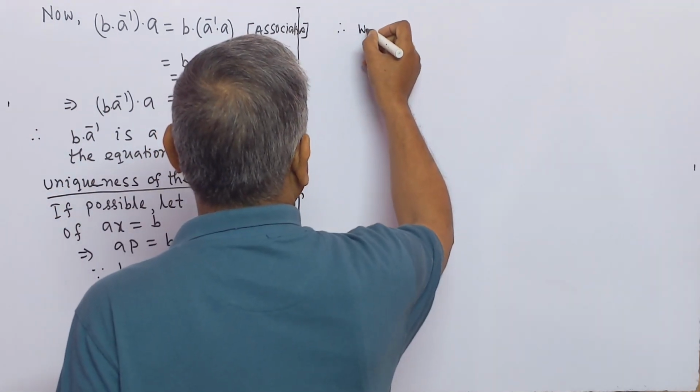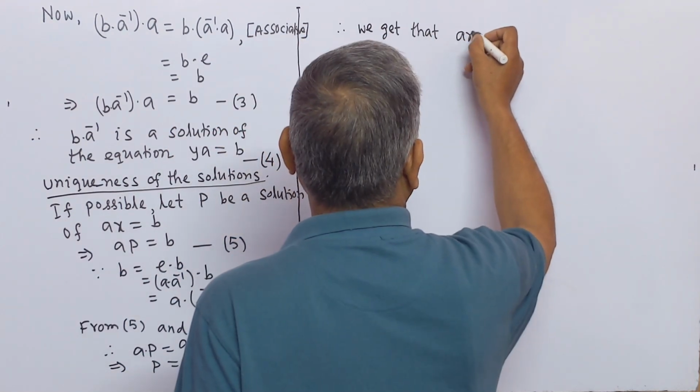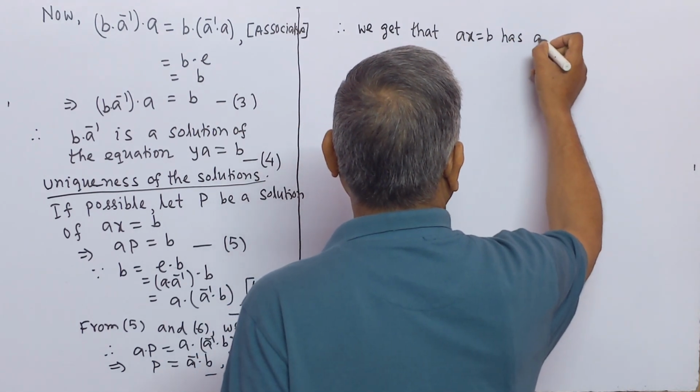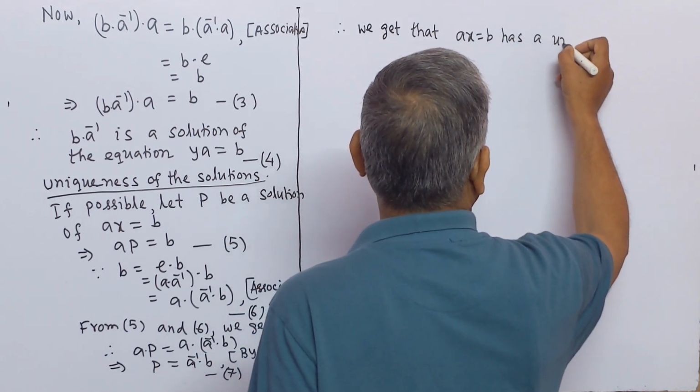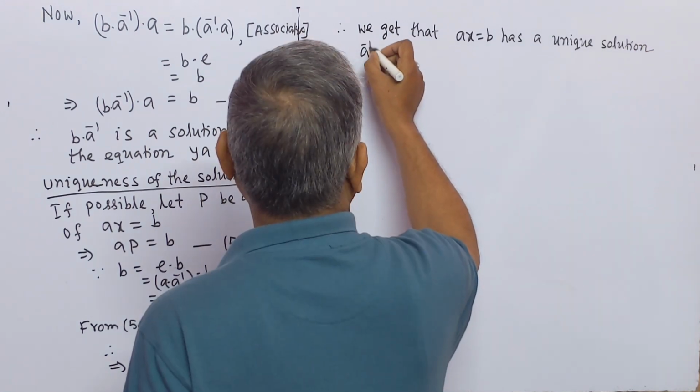Therefore, we get that ax equal to b has a unique solution, a inverse b.